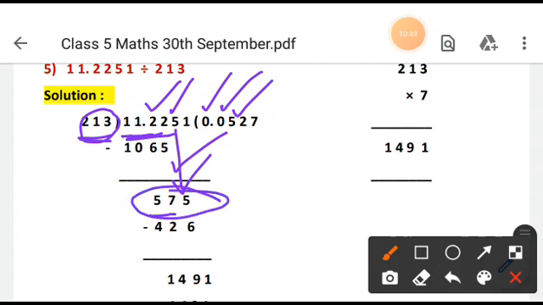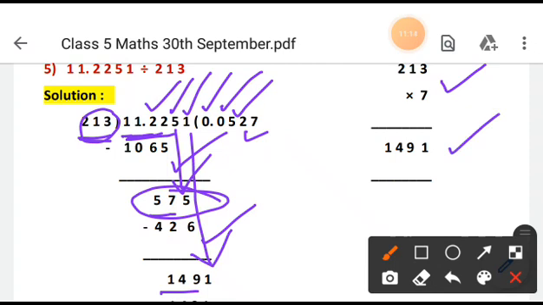So now you do 213 into 2, that is 426. Then the remainder you are getting is 149. Now you have only 1. So bring down this 1 as you do the division of whole number and you have 1491. Now it is going 213 into 7. We are getting 1491. Okay.